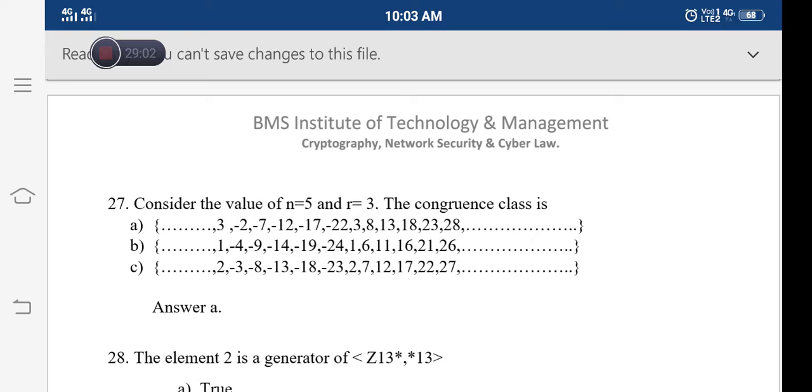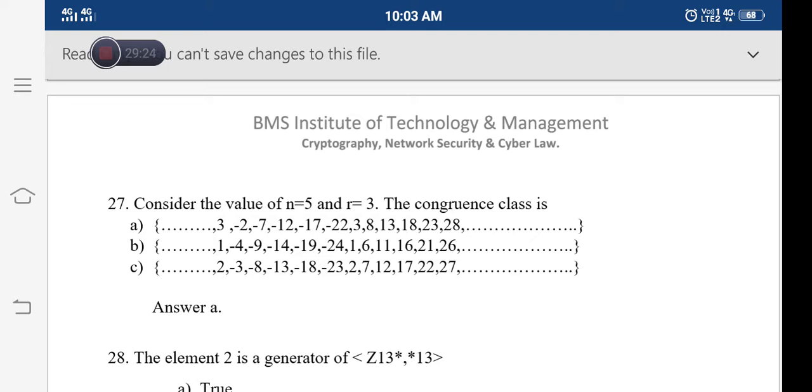So in the initial stage, when quotient is equal to 0, I will be getting 5 into 0 plus 3, that is 3. Next I will be getting 5 into 1 plus 3, that is 8. Next I will be getting 5 into 2 plus 3, that is 10 plus 3, that is 13, like that. If you choose negative quotients, I can have quotient is equal to minus 1.